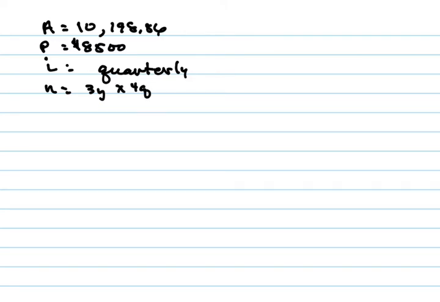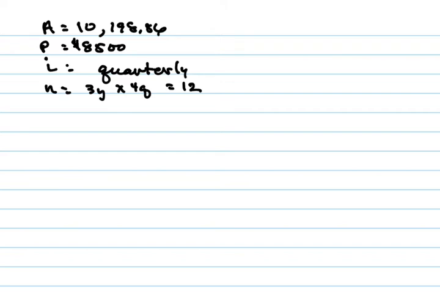We originally invested $8,500. We don't know how much interest, but we do know that it was compounded quarterly. Okay? And it was there for 3 years, and of course, compounded quarterly means 4 quarters, so our N is 12. Does that make sense?